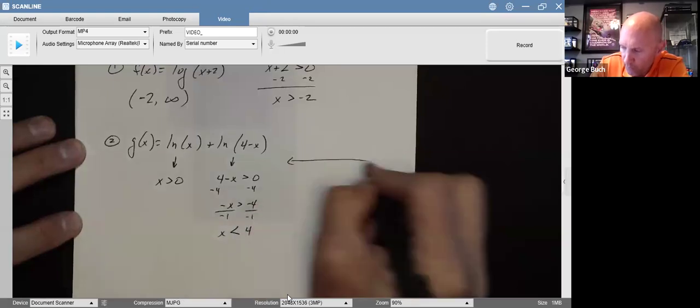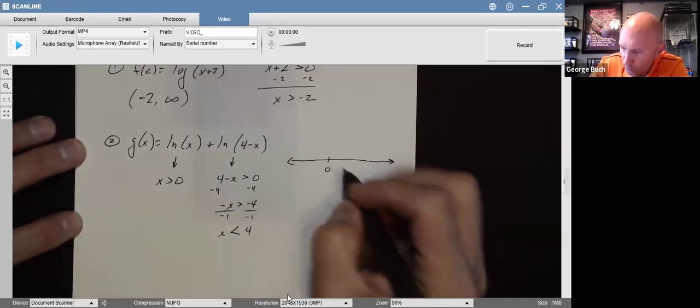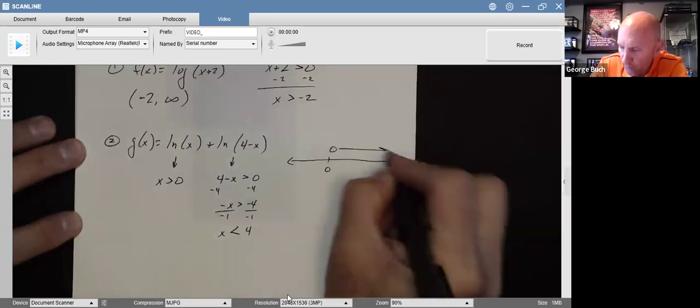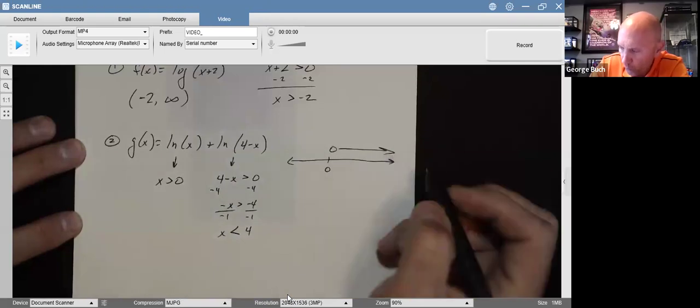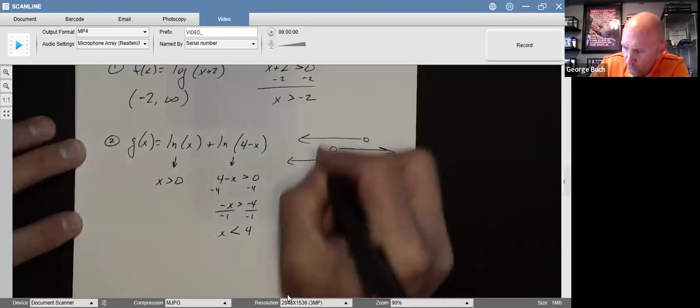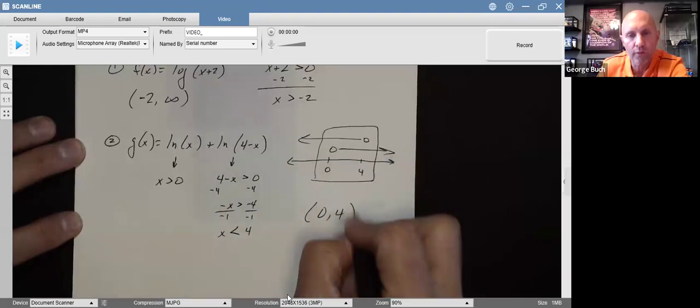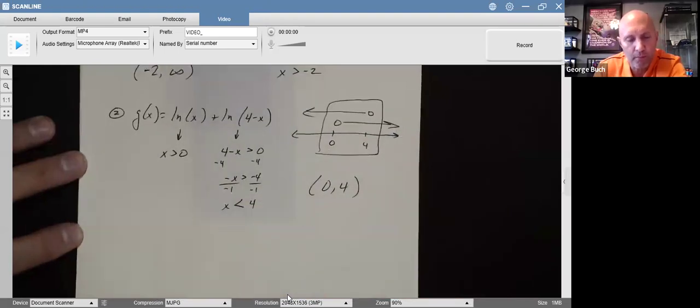If I look on a number line, I have 0 with an open circle going this way, and 4 with an open circle going this way. So the overlap is what? 0 to 4 with open circles on both ends. So that is your domain for that one.